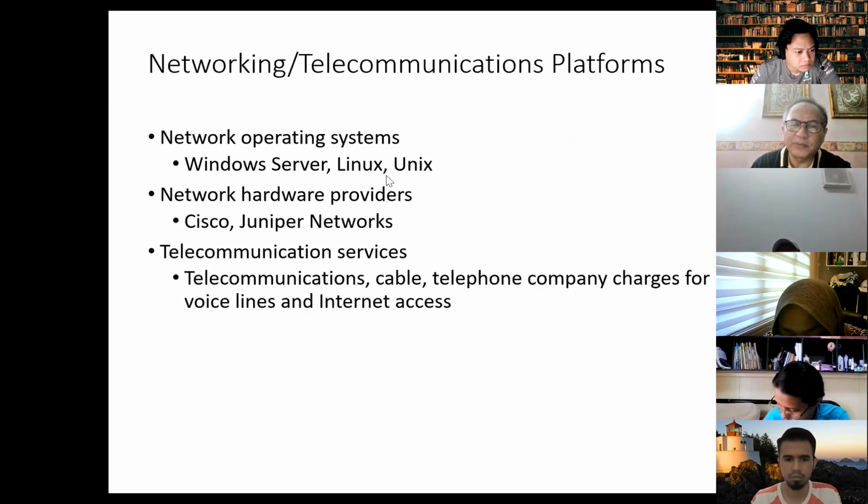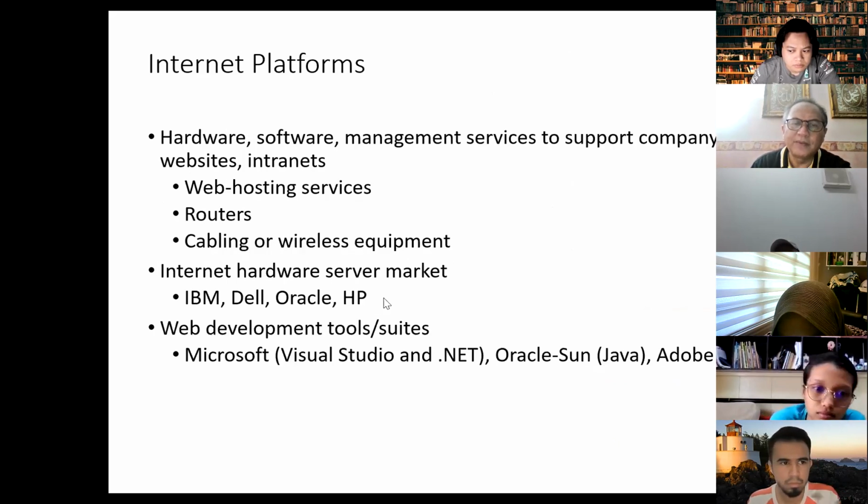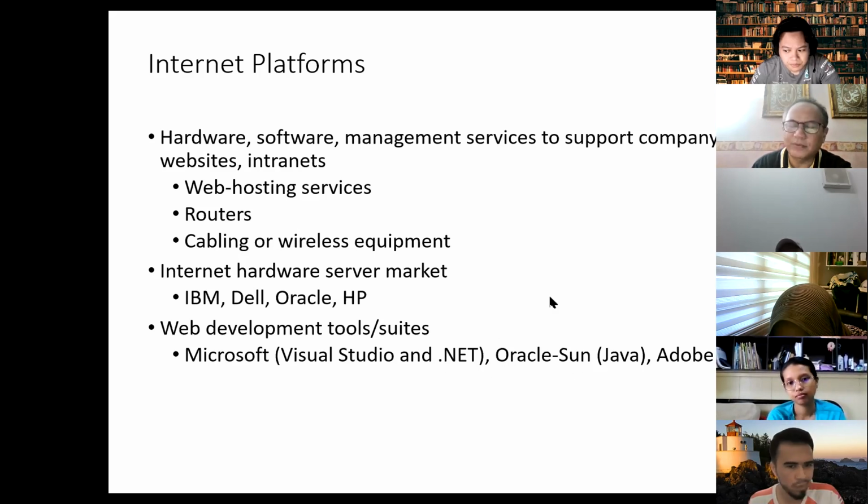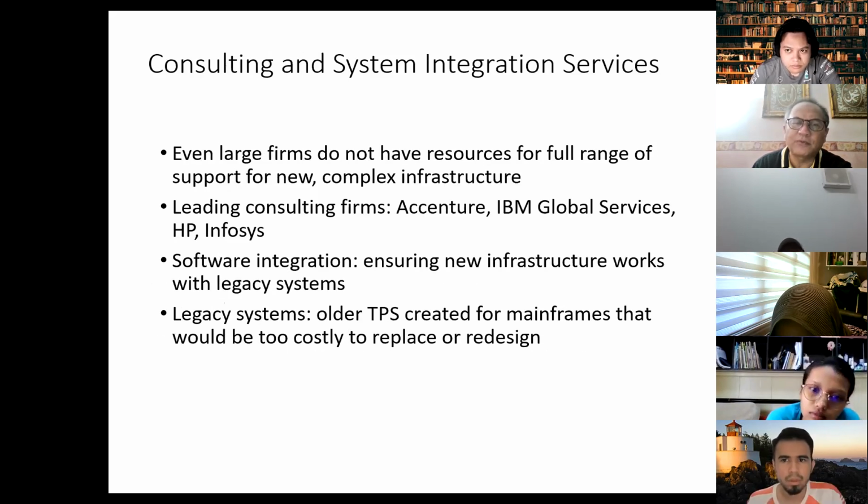And then we have the networking operating systems, Linux, Unix, hardware providers Cisco, Juniper, 3Com, and then telecommunication services providers. For the internet platform, we have hardware, software, and management services to support. We have web hosting services, routers, cabling, and wireless equipment, and then hardware servers. We have IBM, Dell, and then web development tools and suites like Microsoft Visual Studio .NET, Oracle. We also have Google. There is a Google platform today.